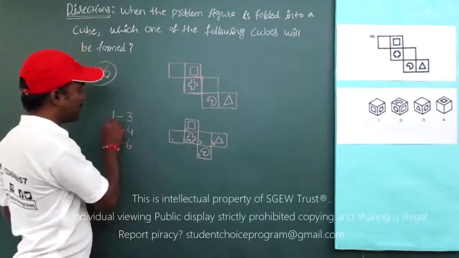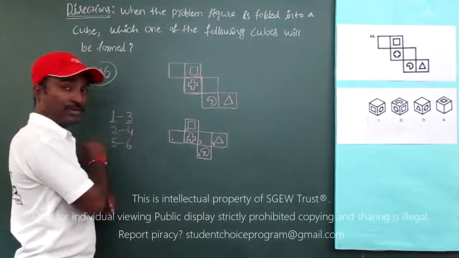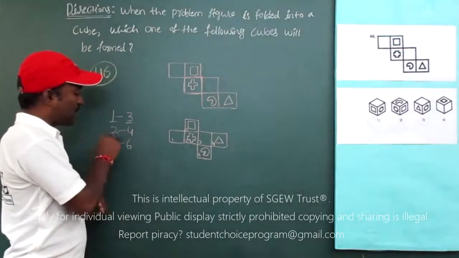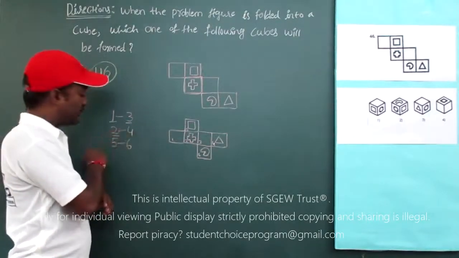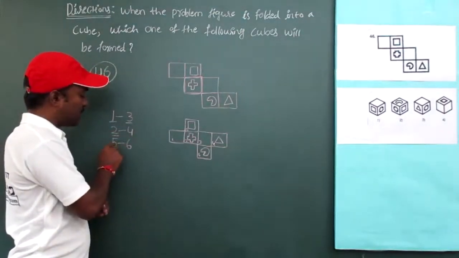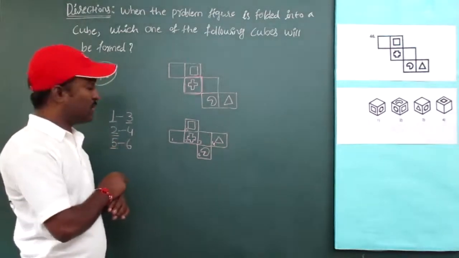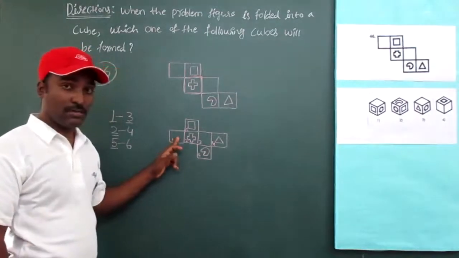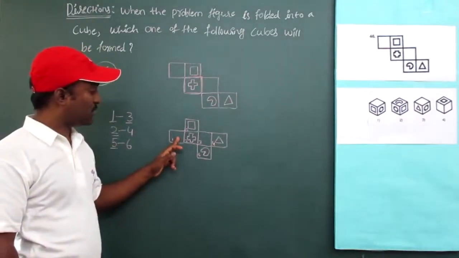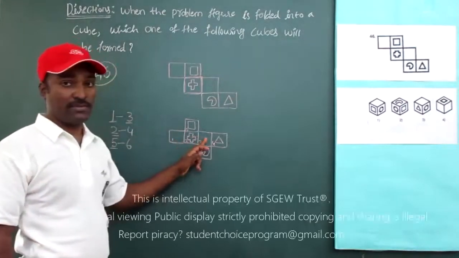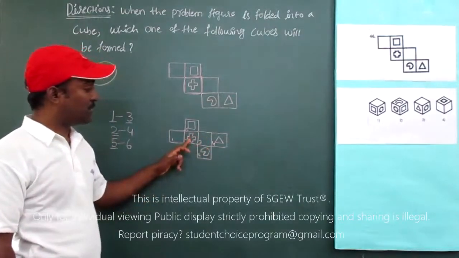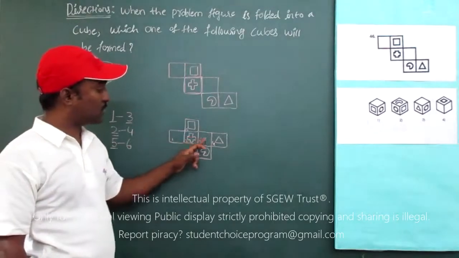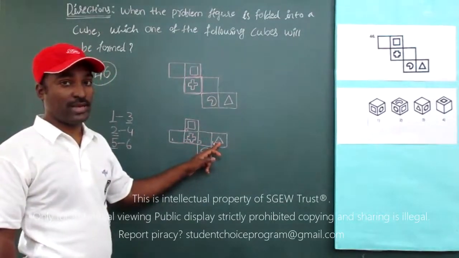As I said, first face will be opposite to third face. Fourth face will be opposite to second face. Second face will be opposite to fourth face, and lastly this fifth face will be opposite to sixth face. So using this, I can say that this blank face will be opposite to the blank face, and this shape, that is something looking like a plus symbol, should be opposite to, yes, this triangle face.